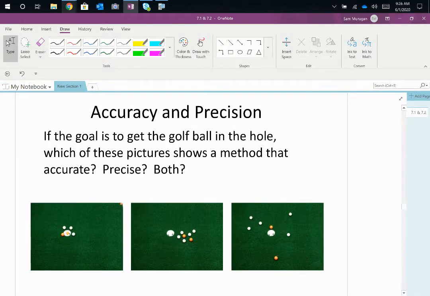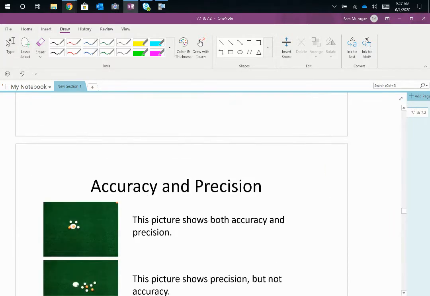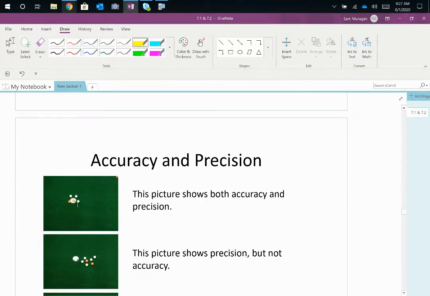Here's an example. If the goal is to get the golf ball into the hole, okay, which of these pictures show a method that is accurate, precise, or both? So let's look at the explanation for this. This first picture, because all of the balls are close to the hole, shows both accuracy and precision.